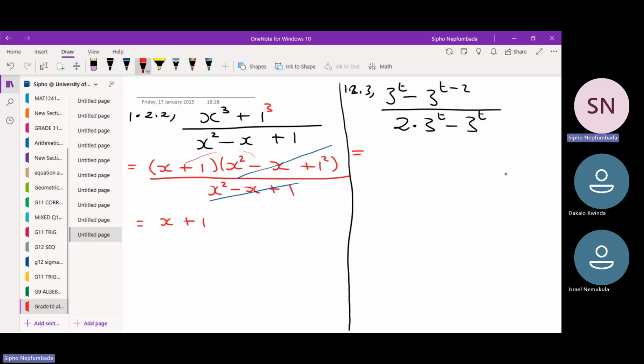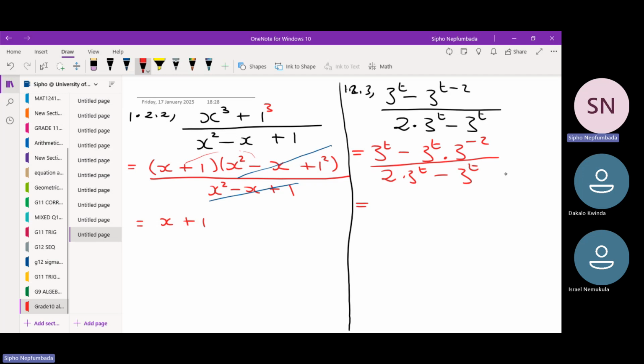So this is equal to, we're going to use the laws of exponents to remove the brackets, to simplify first. This is 3 to the power of t minus 3 to the power of t multiplied by 3 to the power of minus 2, divided by 2 multiplied by 3 to the power of t minus 3 to the power of t.